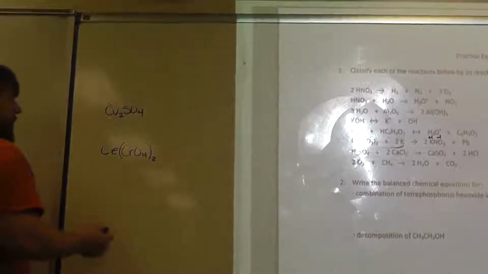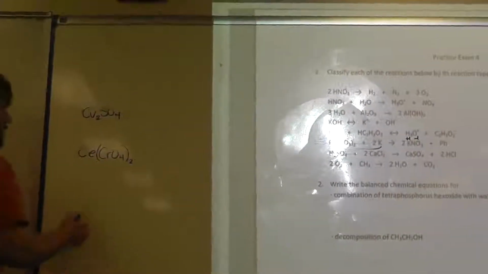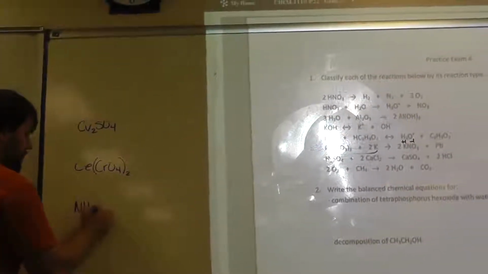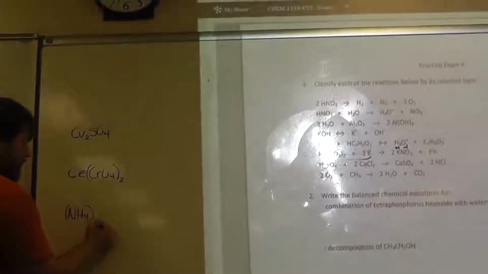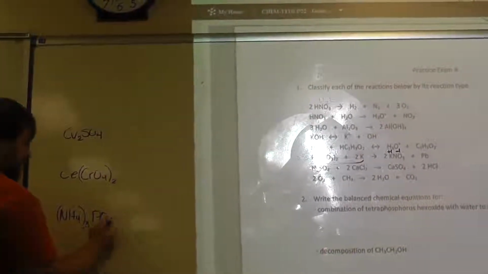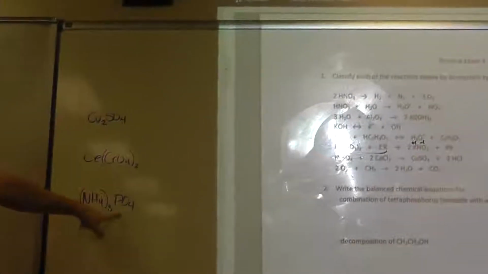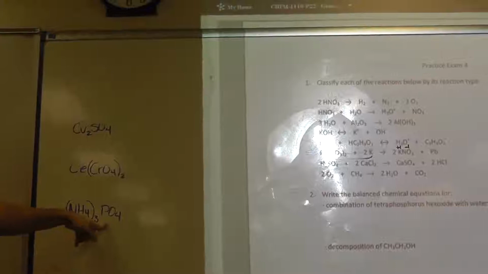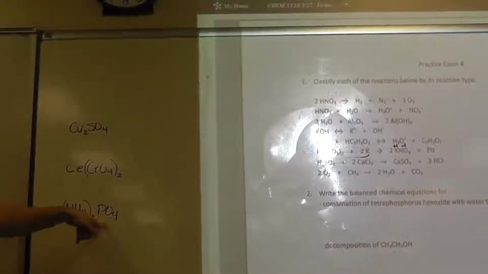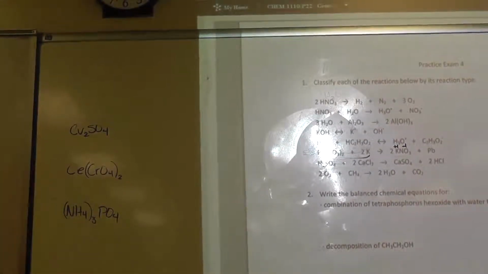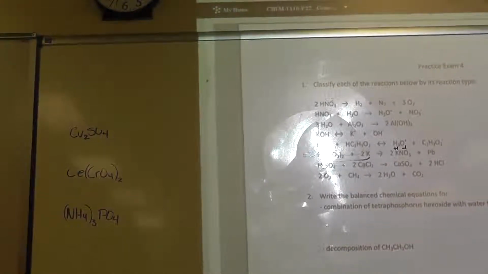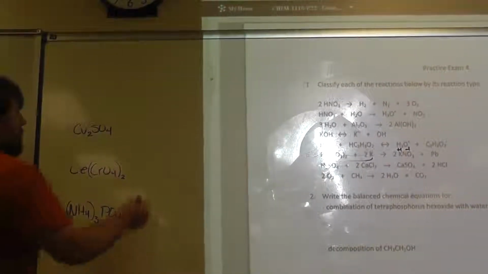You may have one more. And then NH4 subscript 3 and the other phosphate. Okay. And I'm assuming this one wants the sulfur, that one wants the chromium, and this one wants the phosphorus. What is it wanting the oxidation states for? Or let's just do all of them. How's that? Each one of them, yeah.